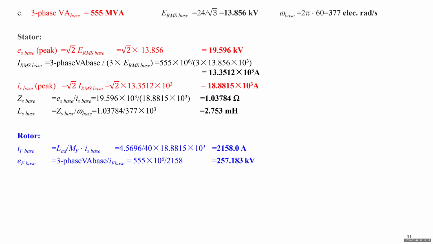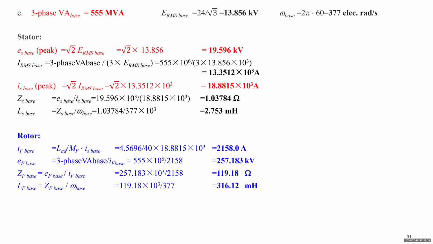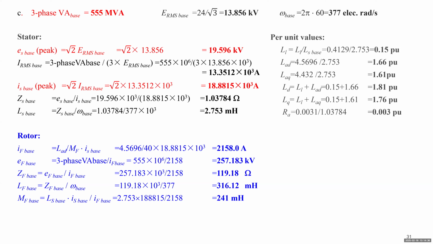The voltage base in the field winding will be the same three-phase power base divided by the current base. So you can directly get the impedance base for the field winding. The inductance base will be the impedance divided by the omega base. For this MF base, you just follow the formulas we learned from a previous lecture.